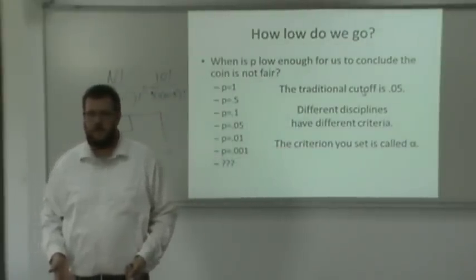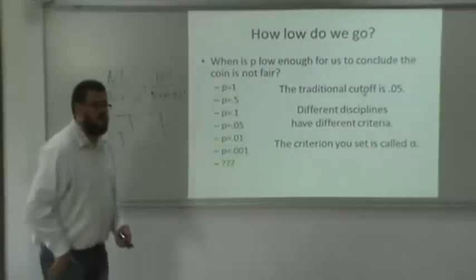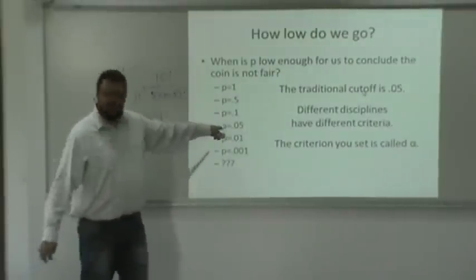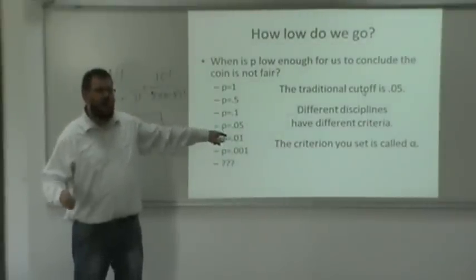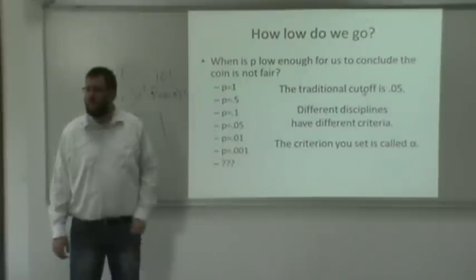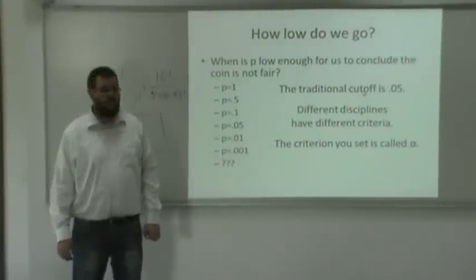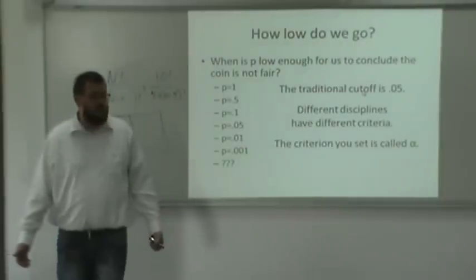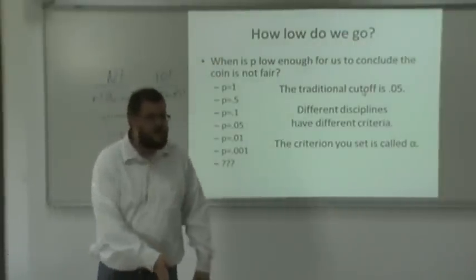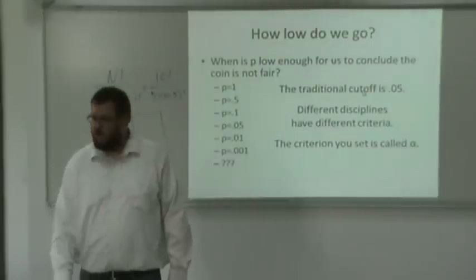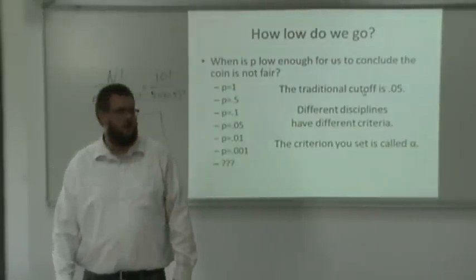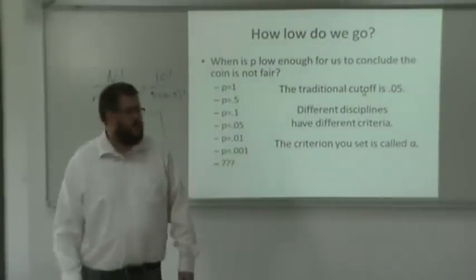So if you aren't happy with 0.05, and you want to see, let's say, 100 heads in 100 flips, is your alpha higher or lower? It's lower, right? So someone who wouldn't be convinced until they had 100 heads in 100 flips, their alpha would be really, really low, right?